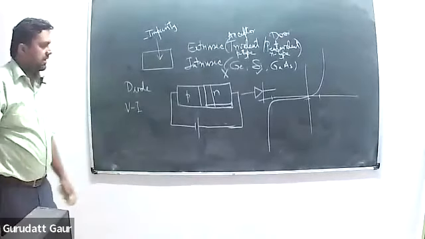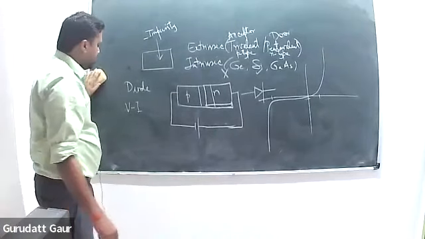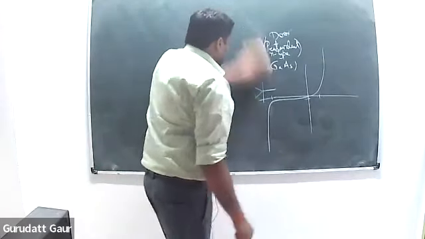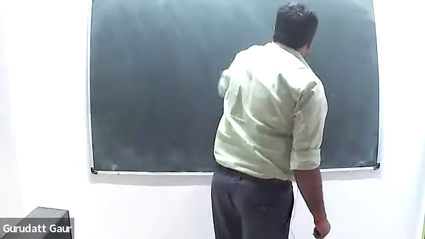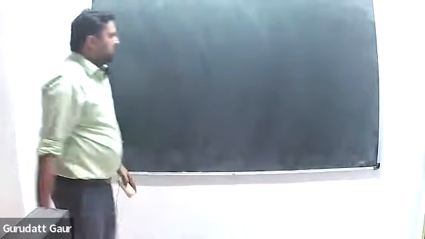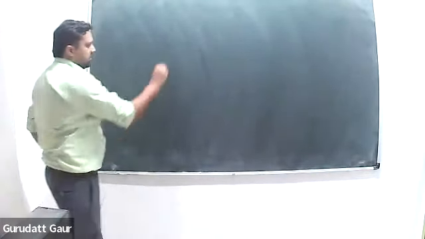The most useful application of the diode is rectification, the rectifier: full wave, half wave, bridge, and so on. I think you remember those things from your MSc. The most important thing you can do with the semiconductor is to make transistors.